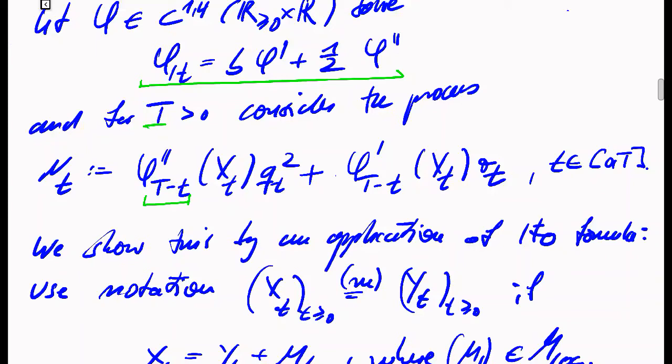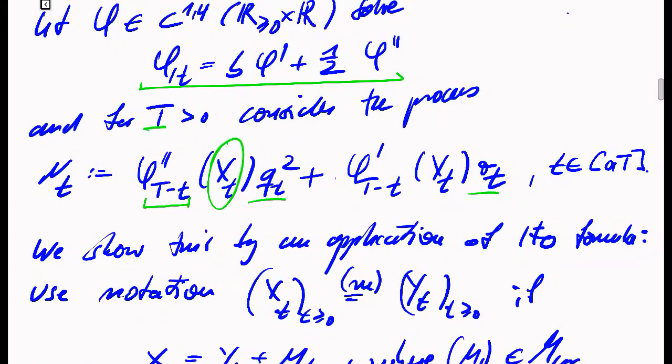So we fix a terminal time point, capital T, which is positive, and using the solution process X and these two solutions of the ordinary differential equations with random data, and the function phi, our solution to the parabolic PDE, together with its first and second order derivatives, but in inverted time parameterization, we will now construct martingales.